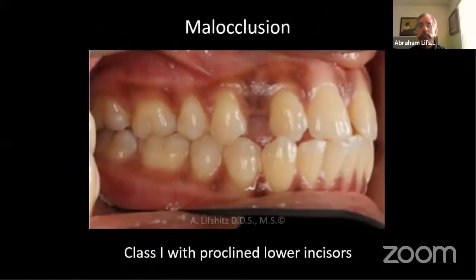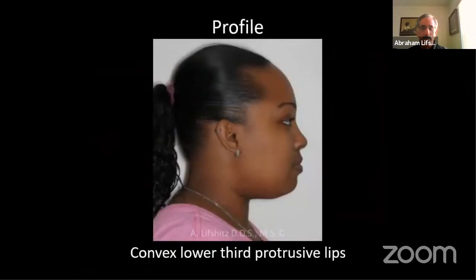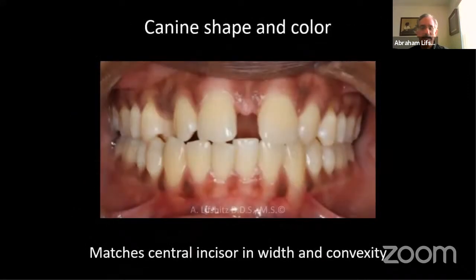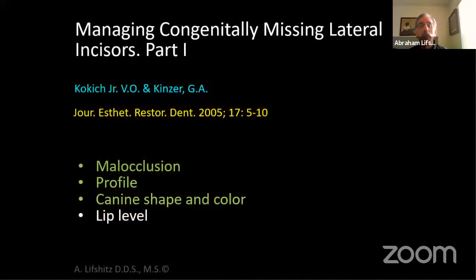Take a look at the mesiodistal width at the CEJ. So it's narrow. So go back to the shade. It matches the central incisor width and convexity, and it's not as yellowish. So yes, it complies with canine shape and color.